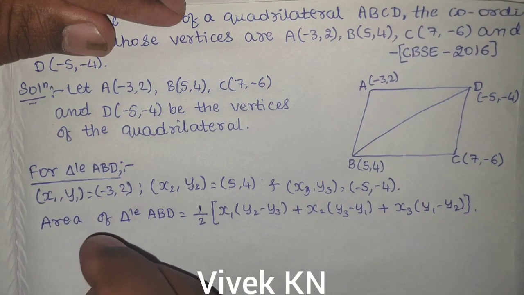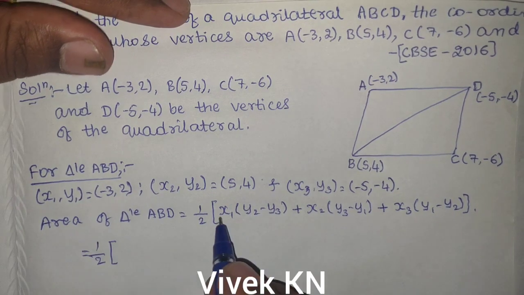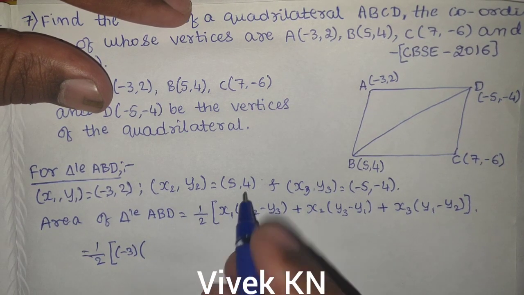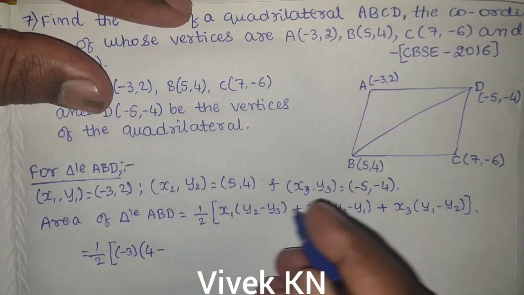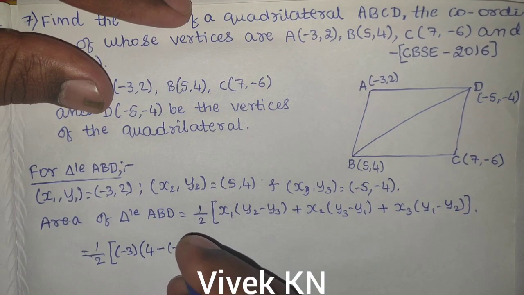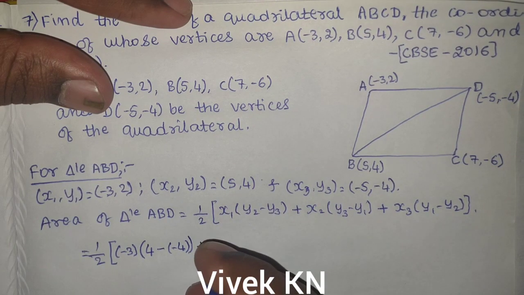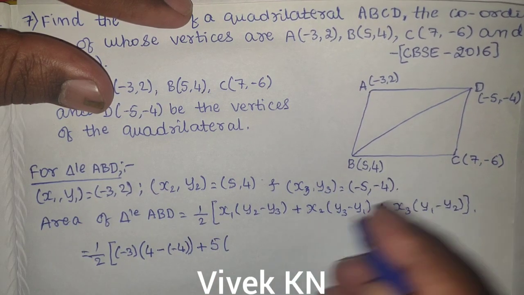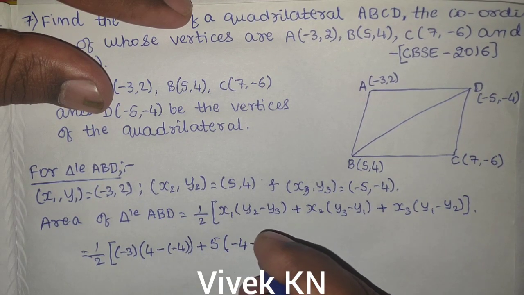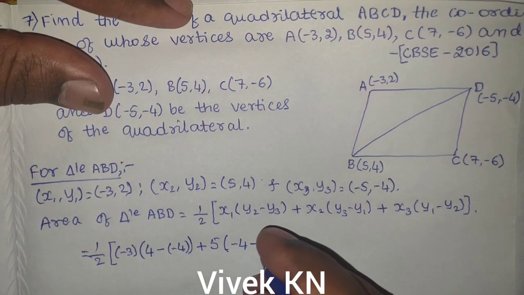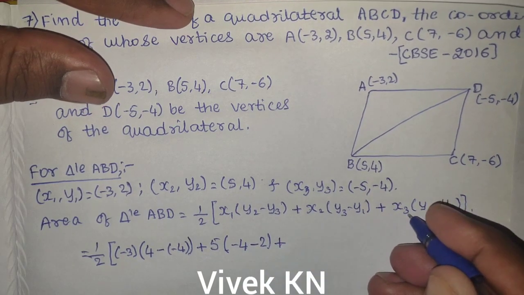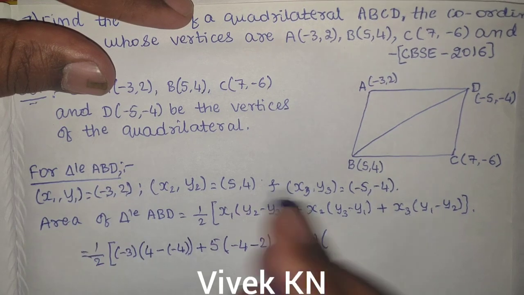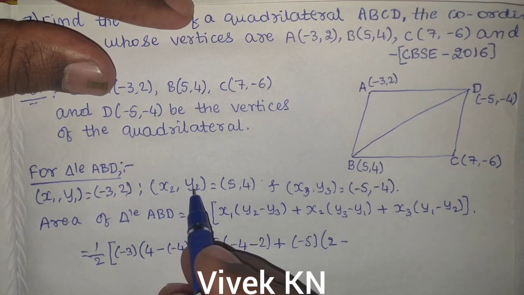Area of triangle ABD is equal to half into the value of x1 is minus 3, the value of y2 is 4 minus the value of y3 is minus 4, plus the value of x2 is 5 into the value of y3 is minus 4 minus the value of y1 is 2, plus the value of x3 is minus 5 into the value of y1 is 2 minus the value of y2 is 4.